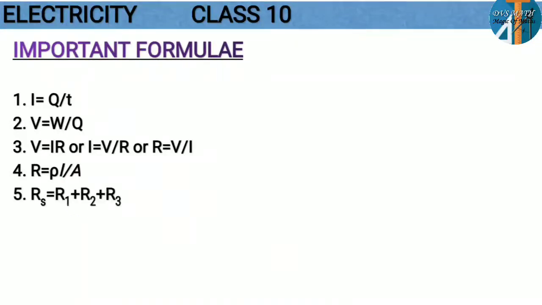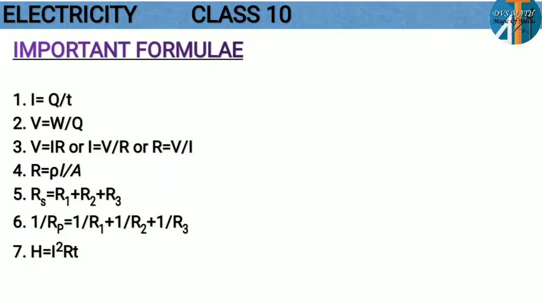And fifth is when resistors are connected in series. The effective resistance will be Rs is equal to R1 plus R2 plus R3, that means we add all the resistances together. Next, when resistances are in parallel, we take the reciprocals and add them. That is 1 by Rp is equal to 1 by R1 plus 1 by R2 plus 1 by R3.